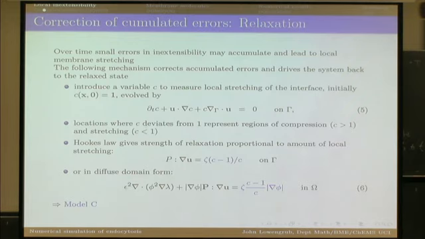And so then you can introduce a Hooke's law force. So this is the surface divergence of U, and if C is bigger than 1, you've compressed, so this should drive an expansion force. And if C is less than 1, it's expanded, so you introduce a compression force.